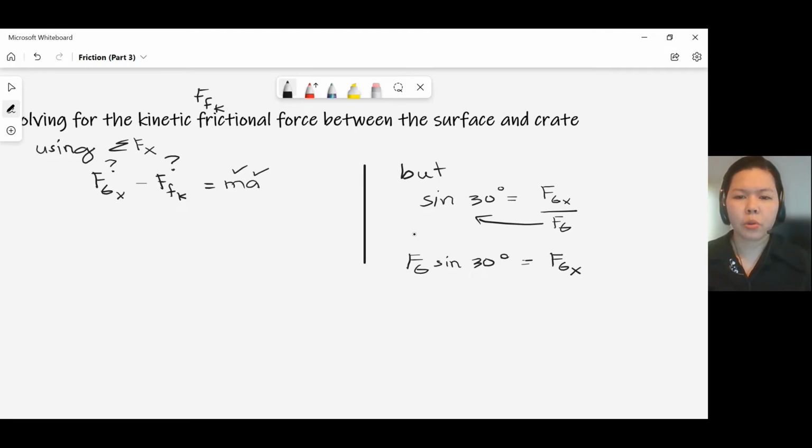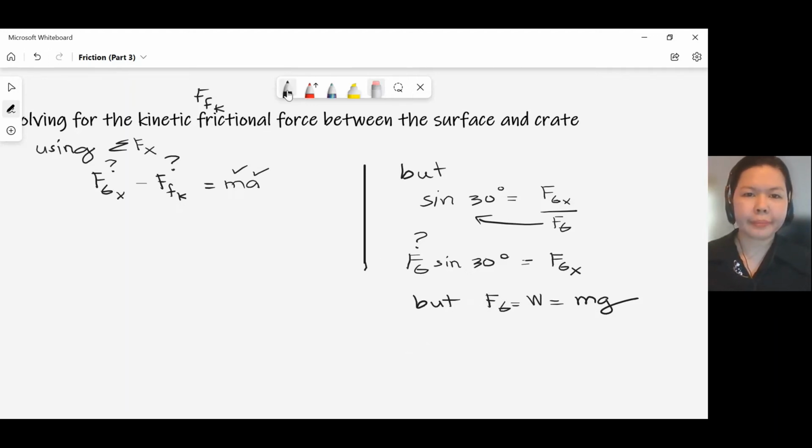So we need to look for Fg. Fg is equal to the weight, equals mg. So Fg is now mg.